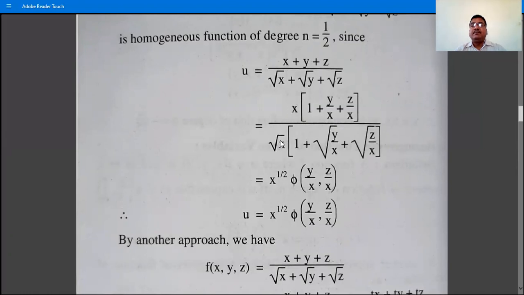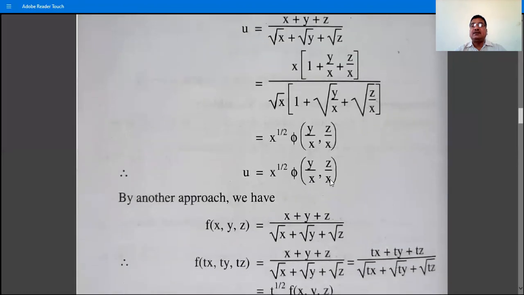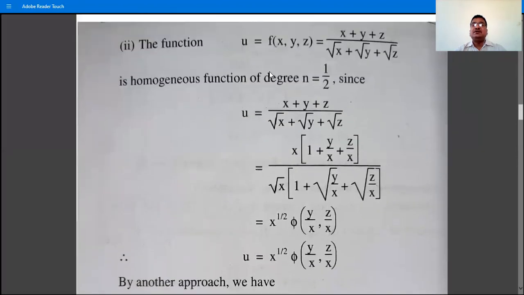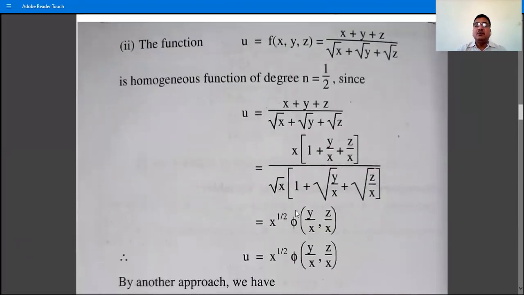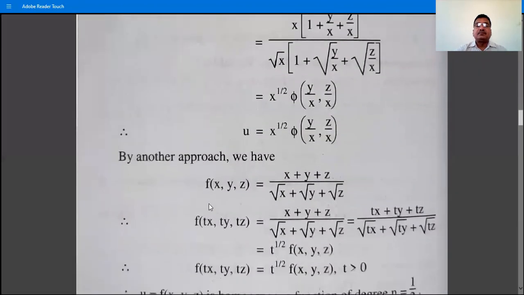That is x raised to half. And the remaining is what? It is a function of y by x and z by x. And so we can express u or f(x, y, z) as x raised to half phi(y by x, z by x), and therefore this u or f(x, y, z) is a homogeneous function of degree half.